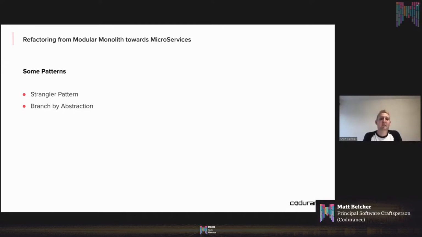And the key thing as well is that we want to do this in an incremental way, rather than a big bang approach, where we wait a long time for any feedback and have a high degree of risk. So these two patterns here allow us to do that in an incremental way. But again, they rely on having this modular monolith in place first, where we have the bounded contexts or the seams, if you like, quite well defined.